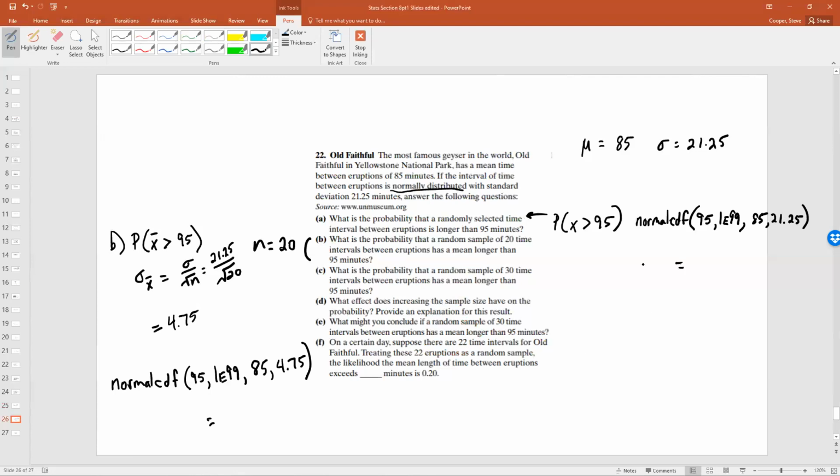Okay, so let me ask you this. Which of these two do you expect to have a higher probability? Do you think that A, the probability that a randomly selected time interval is going to be longer than 95, has a higher probability than a mean of 20 time intervals being greater than 95?